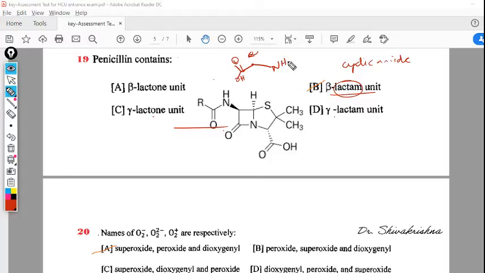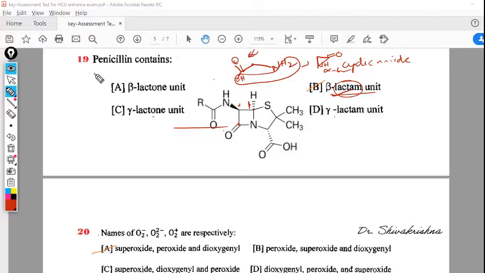If an amine is present on the alpha carbon and H and OH are lost, it forms a cyclic amide. This is called alpha lactam. If the amine is on the beta carbon, where this is the carboxylic acid, this is alpha and this is beta, and the lactam is formed, that is said to be beta lactam.